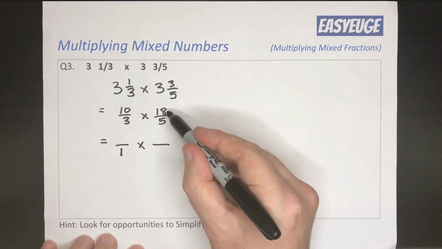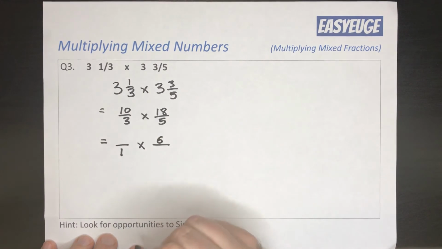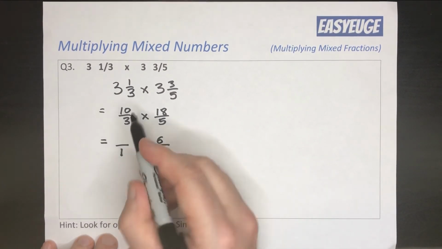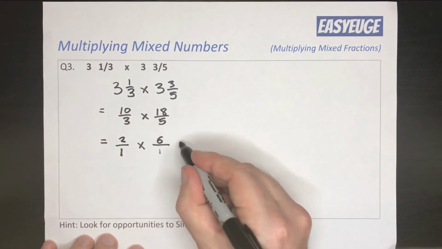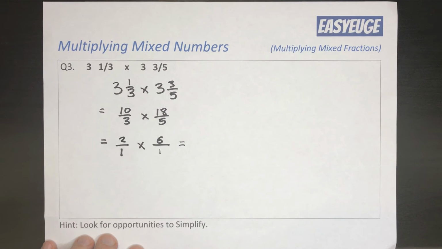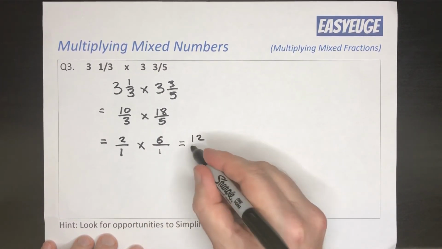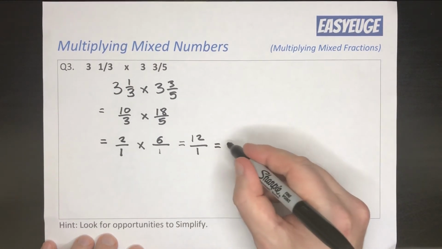And the number on the top, 18 divided by 3 is 6. And over here, the 10 and the 5. 10 divided by 5 is 2. 5 divided by 5 is 1. And let's multiply that out. 2 by 6 is 12. 1 by 1 is 1. So 12 over 1 is very simply 12.